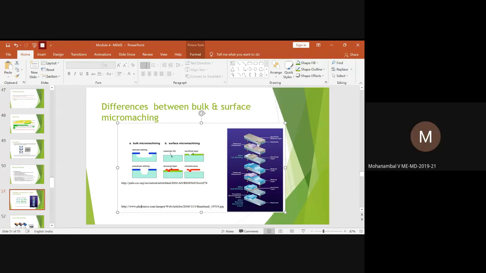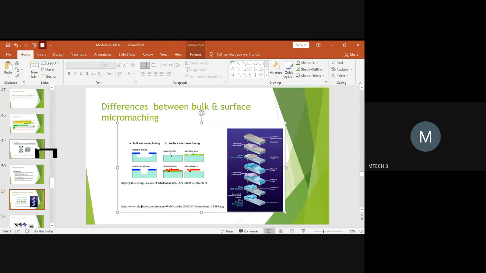Yes, ma'am. See the next figure that I'm showing. Always in surface micromachining, we use a sacrificial layer so that if any etching has to be done, it will be done in this layer so that the substrate will not be affected.